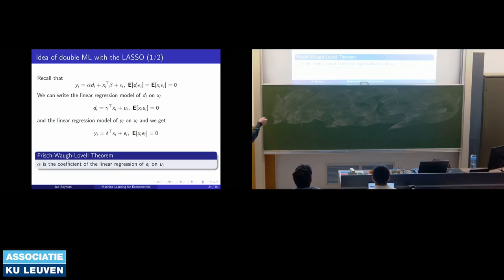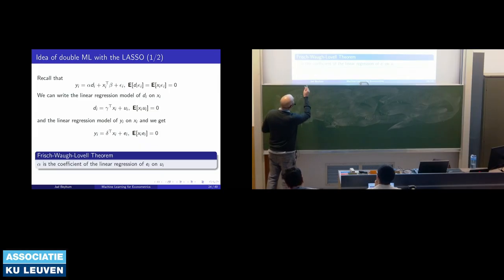Now I can also write a linear regression model of Y_i on X_i. That's this one. By the way, the third model is implied by the second model and the first model.